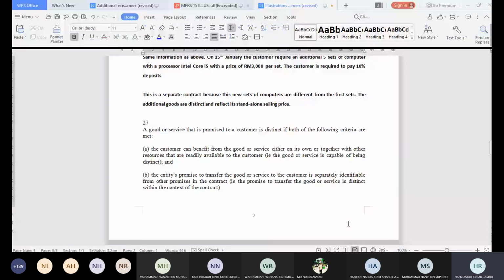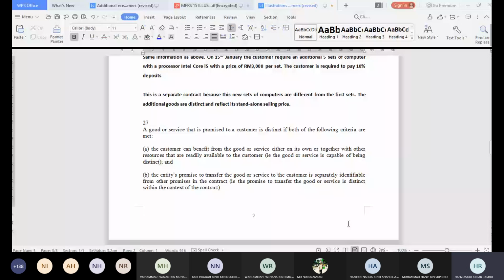But if they are still related, for example, the first 50 units will be used as an input for the delivery of the second 50 units, then it is not distinct, because the first 50 units are delivered as an input for the second 50 units to be delivered at a later stage.